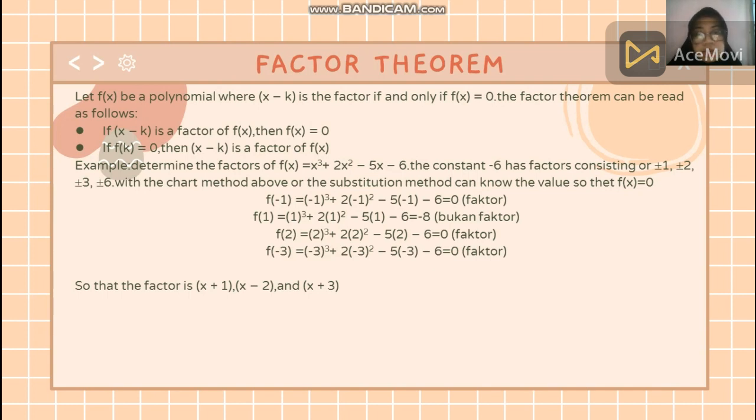With the Horner method or the substitution method, we can find the values so that f(x) equals 0. f(-1) equals (-1) to the power 3 plus 2 times (-1) to the power 2 minus 5 times (-1) minus 6 equals 0. This means it is a factor.